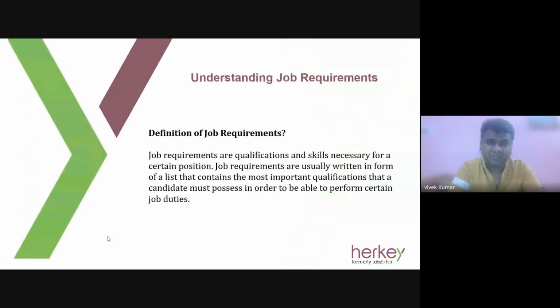Right. So let's try to understand what exactly job requirements are. If you read this definition, it says job requirements are qualifications and skills necessary for a certain position. So let's say if you have to hire a sales manager, you might be looking at certain qualifications. Let's say you want someone who is a graduate. Maybe you need someone who has good spoken power, who can talk confidently in different languages, let's say Hindi, English, or maybe a regional language for which you need this person.